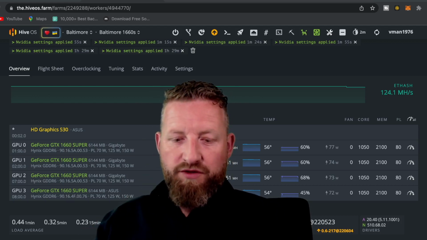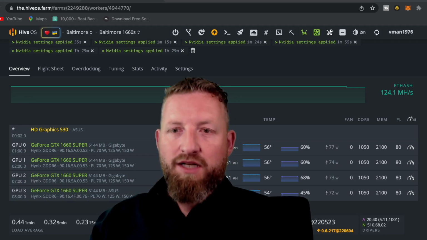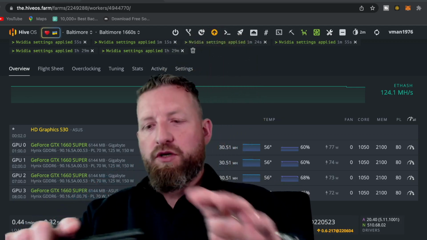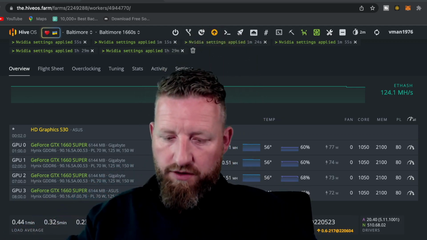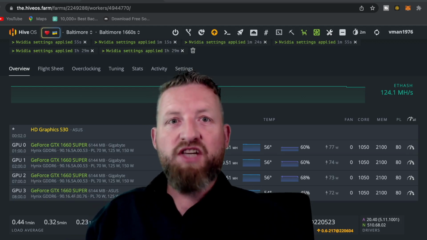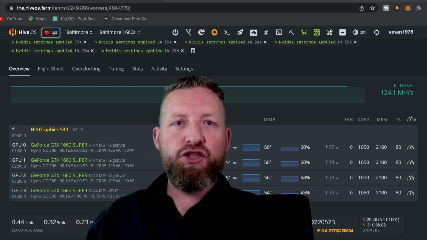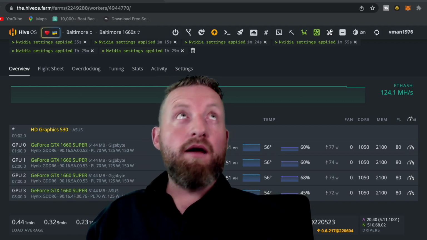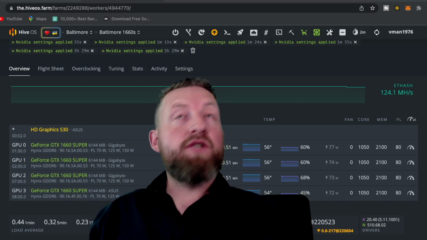So I think what we'll do first of all then, I'm just going to show you on the other screen, because the purpose of this exercise is to compare megahash per second to kilohash per watt.